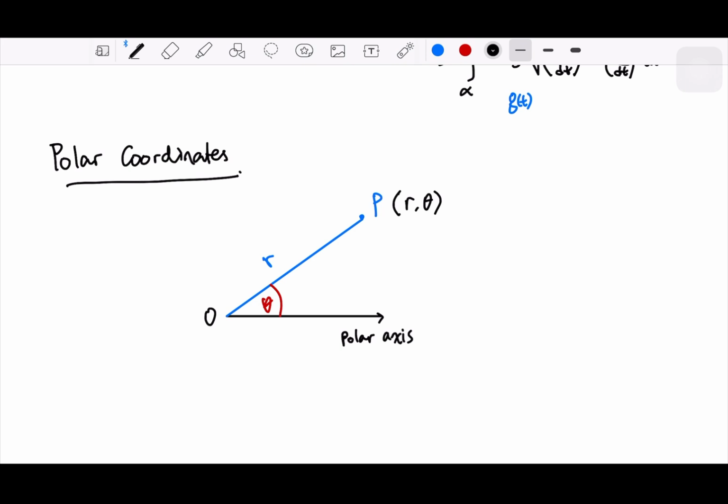First we establish some rules on the polars. We call this the polar axis, and we measure the position of P. P can be in any different position. It depends on the radius, the radius here, and the angle.